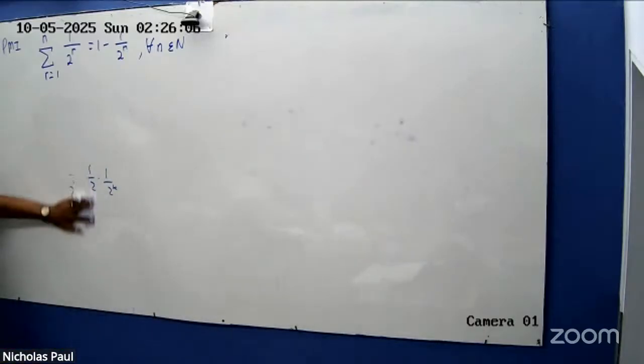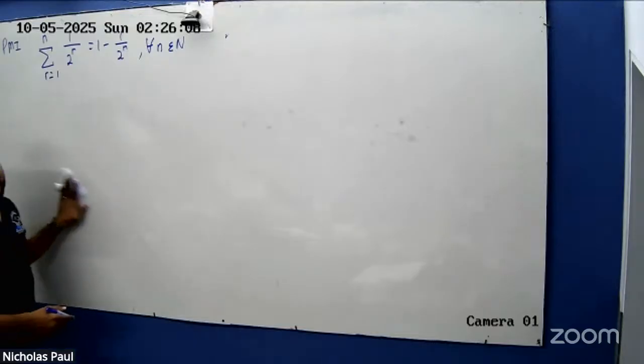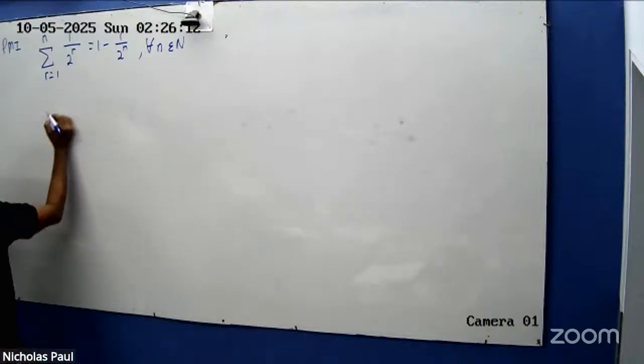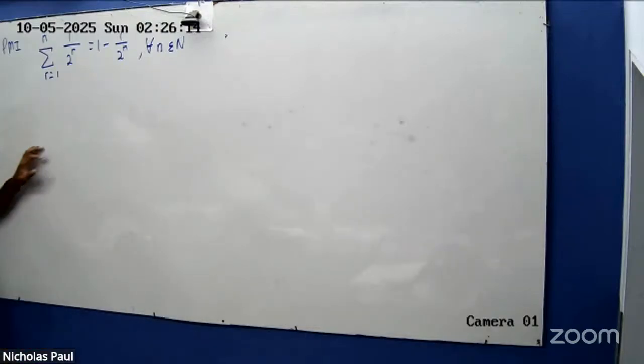Anybody get it? You'll be surprised how easy it is. It's just not seeing one little thing. If you're stuck, here's what you can do. Instead of writing 1 over 2 to the k, let 1 over 2 to the k be x. So get rid of that and write x instead, and you'll see what will happen. You have the answer.